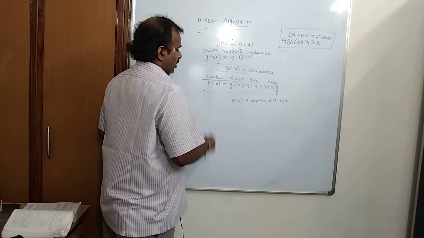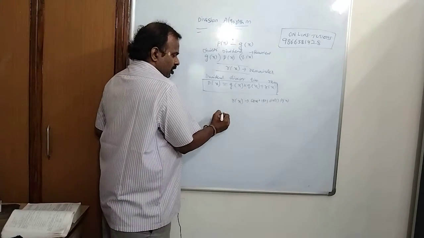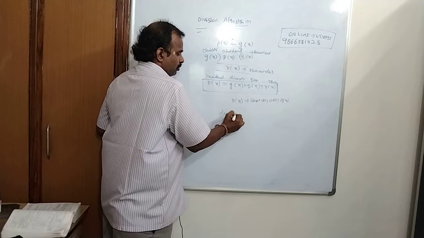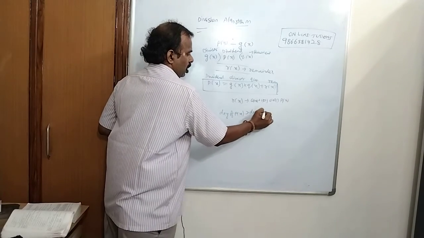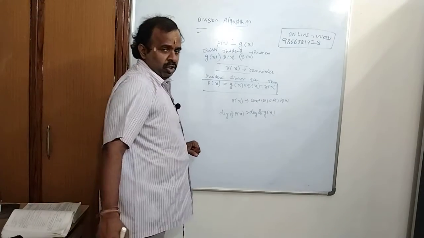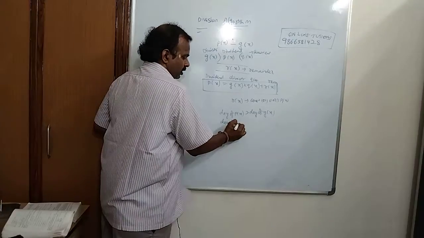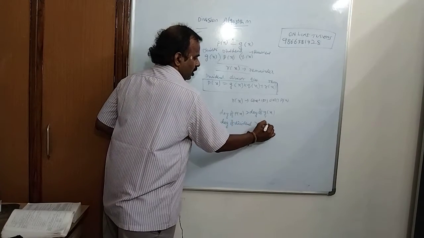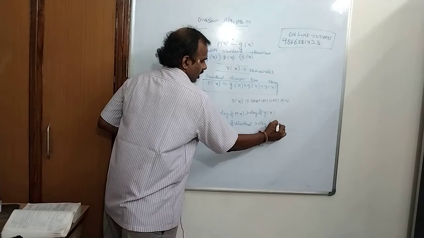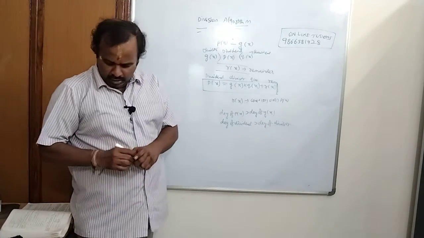And the next one is, there are some conditions. What are those conditions? The degree of p of x is greater than the degree of g of x. That means the degree of the dividend is greater than the degree of the divisor.